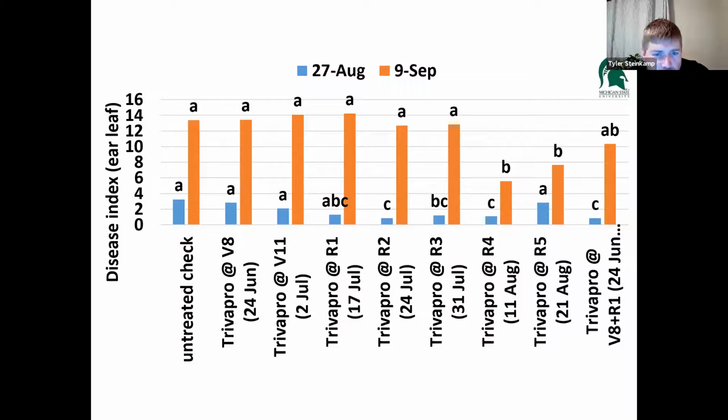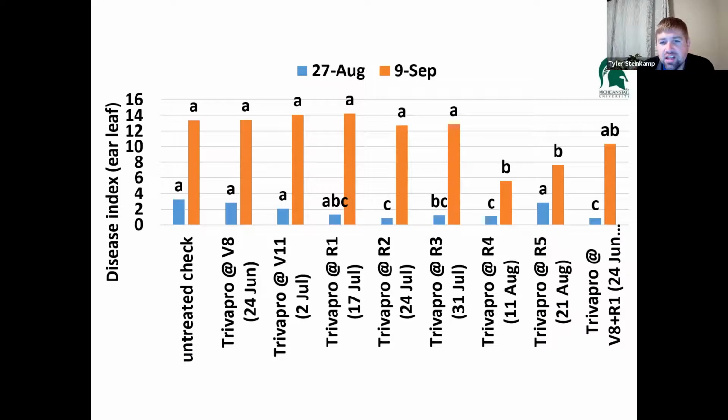If we were to wait till that R3, R4 timing here, we're going to be too late on some of our other diseases out there. Okay, and unfortunately, a lot of the data would suggest that we're actually missing that window for a lot of our other disease potential.